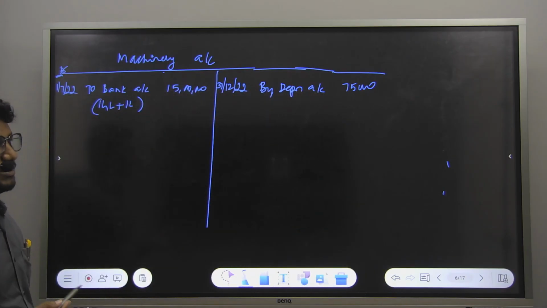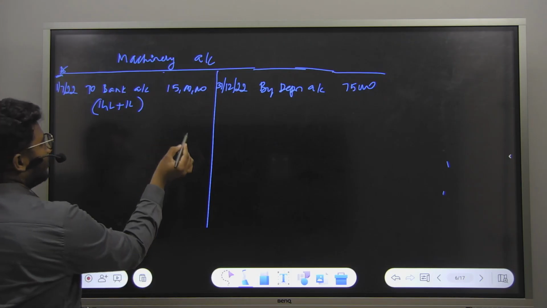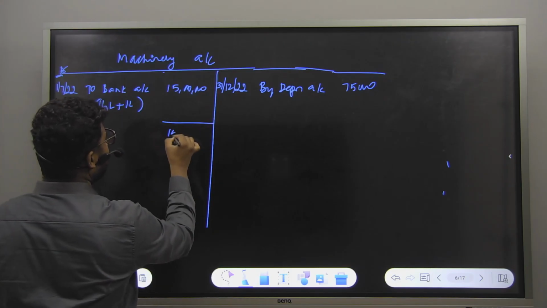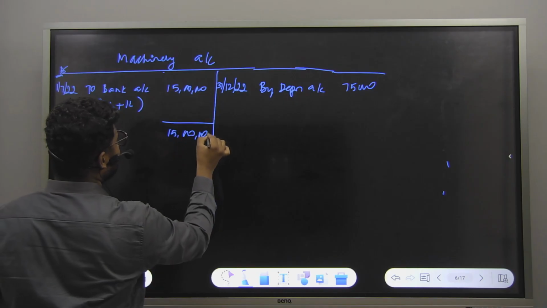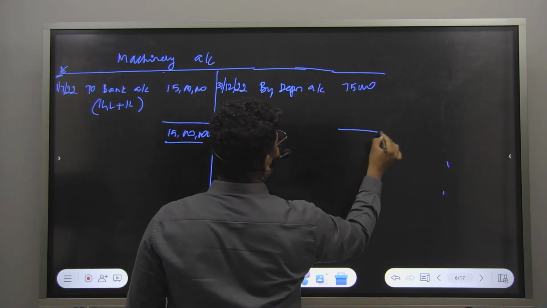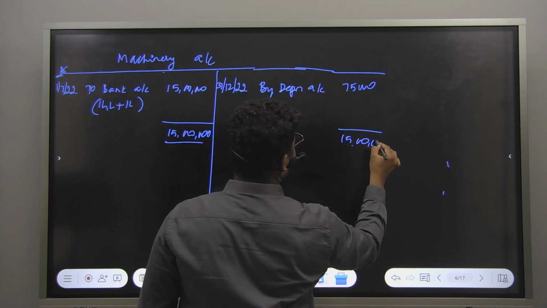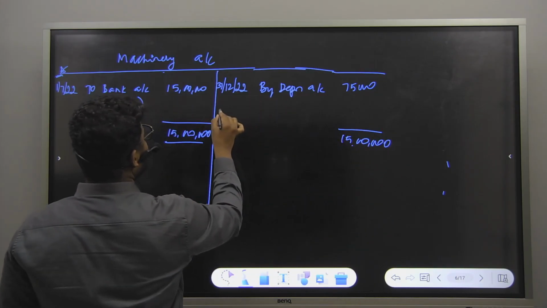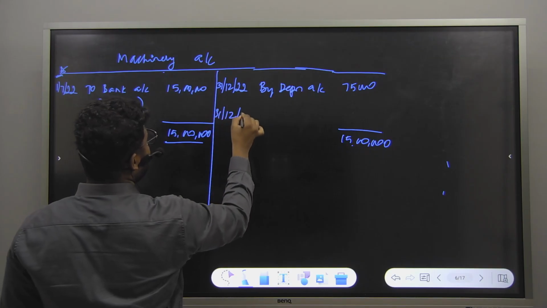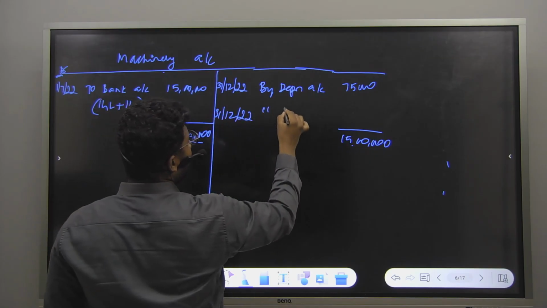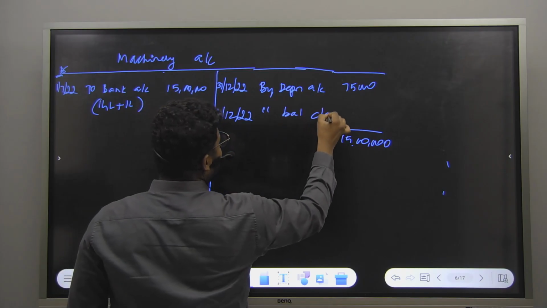Okay, so for the first year you have no further transactions. You can close the account. 15 lakh rupees. Here it is 15 lakh. Balance on 31st 12/22. The balance is by balance carried down.